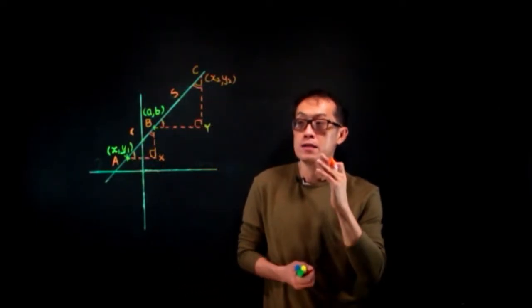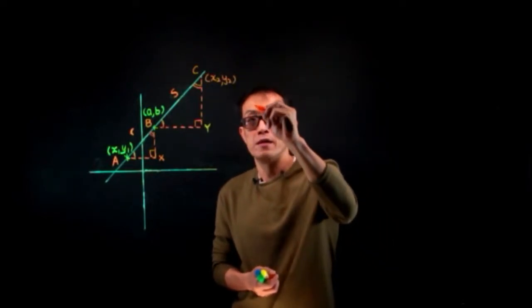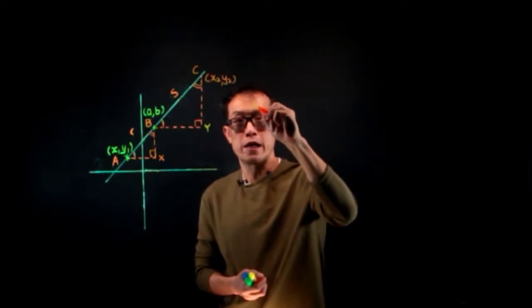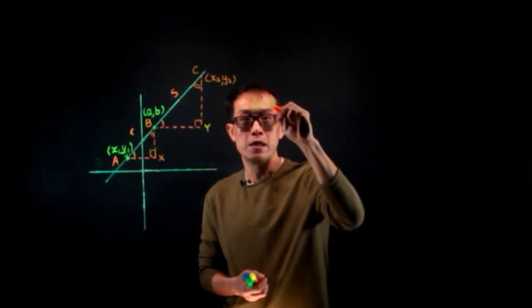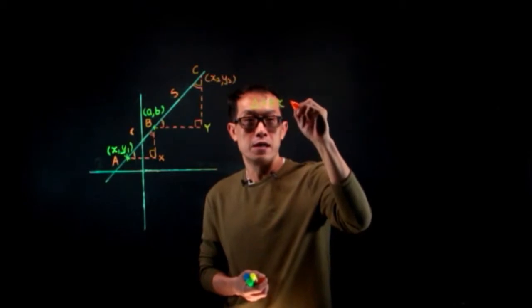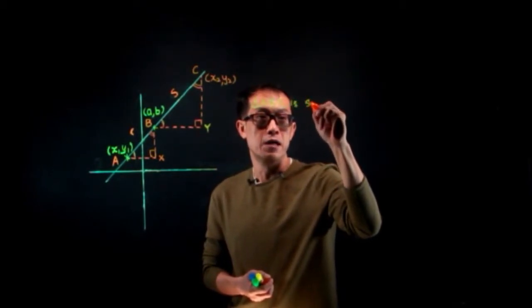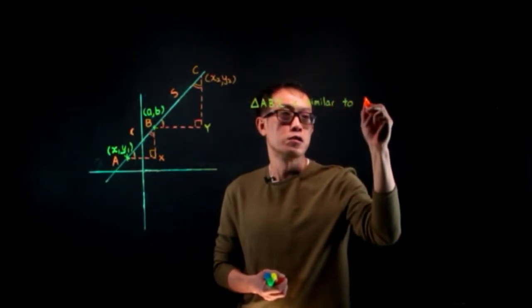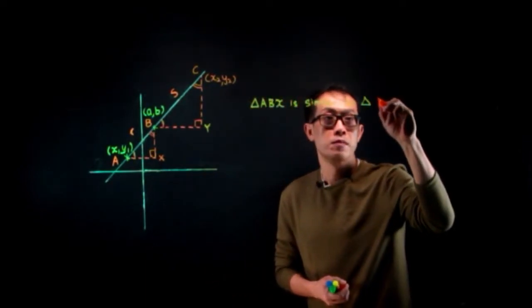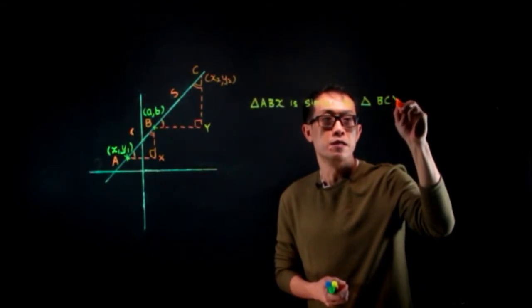They are similar. Alright, so triangle ABX is similar to triangle BCY.